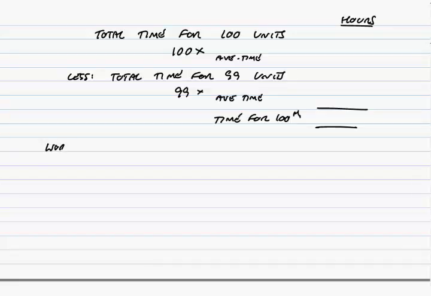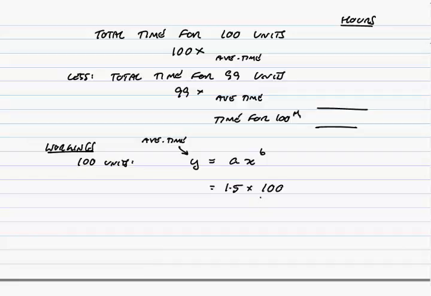So as workings, if we're making 100 units, then the average time, y equals ax to the power b, where y is the average, a is the time for the first, which is 1.5 hours, x is the number of units, 100, to the power b, minus 0.074005.